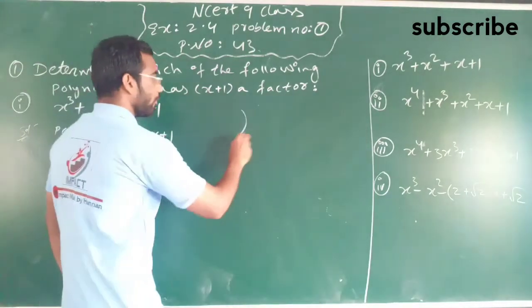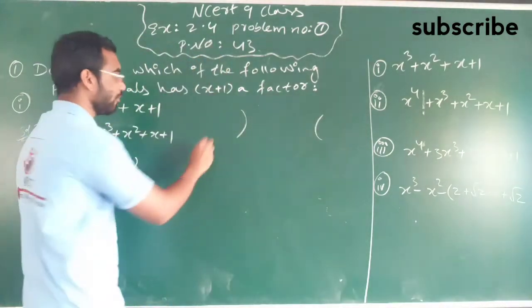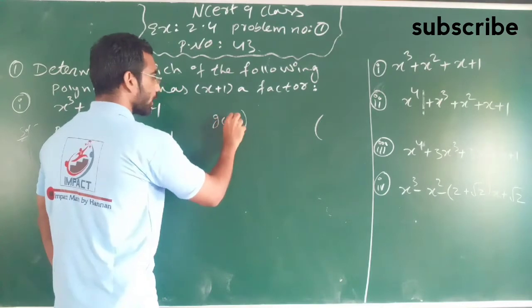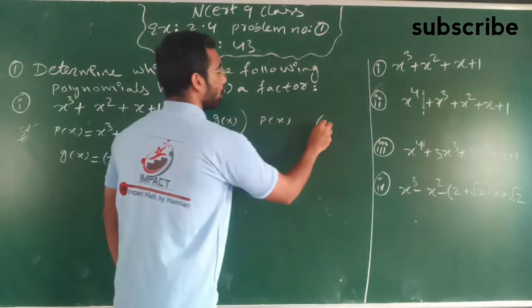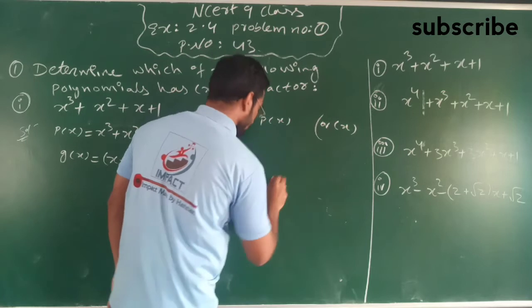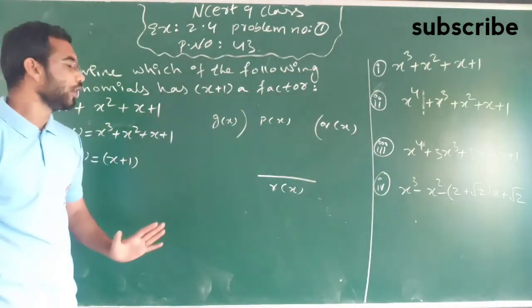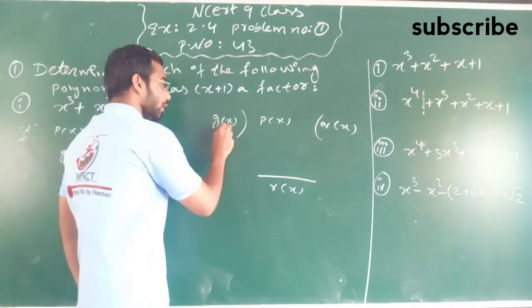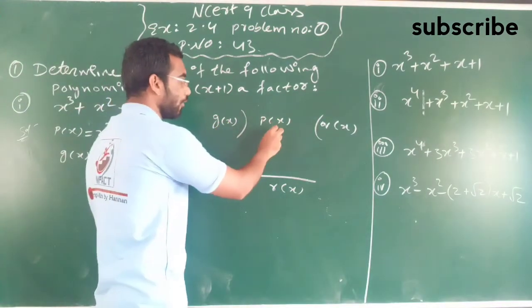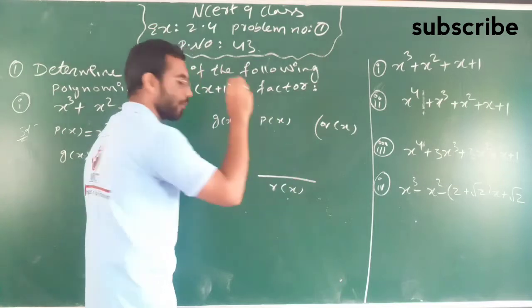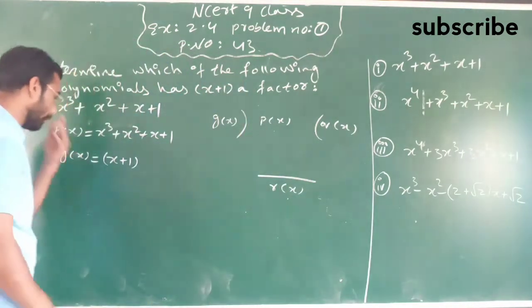Remember, in division, g of x is the divisor, p of x is the dividend, q of x is the quotient, and r of x is the remainder. So remember this.